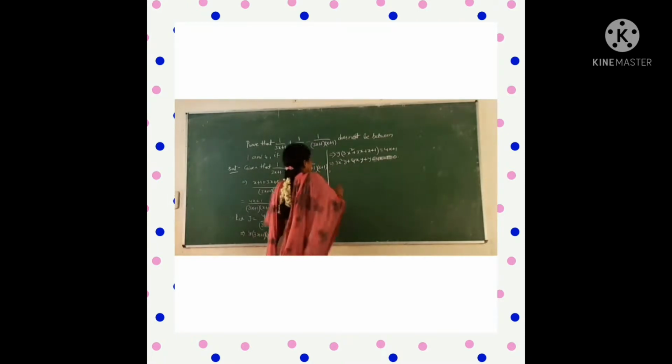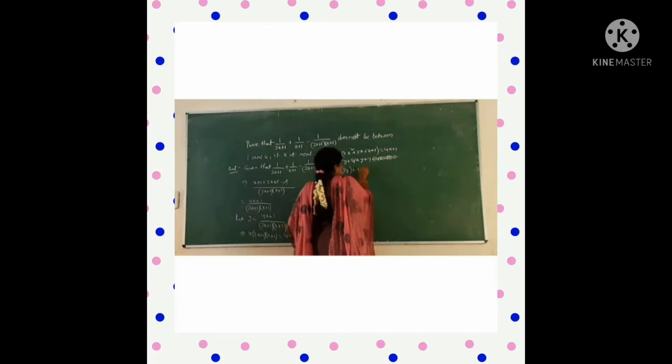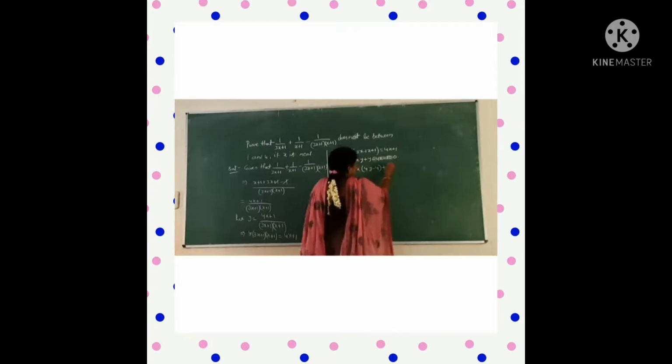Now see here, this is the quadratic equation. That's why we take the x square coefficient 3y, x coefficient 4y minus 4, and the constant value is y minus 4, equal to 0.